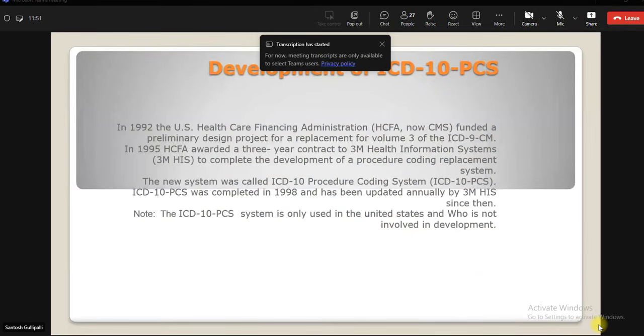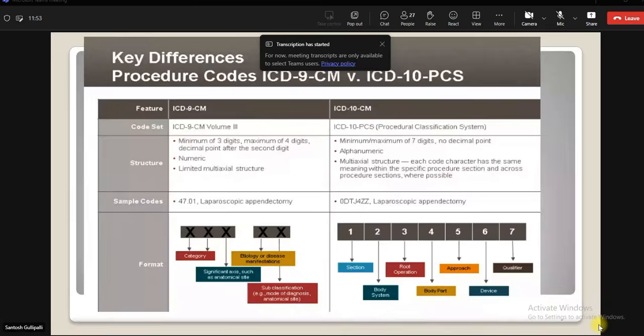The basic variation between ICD-9 CM and ICD-10 PCS is in procedure coding. Before ICD-10, we used ICD-9 CM. In ICD-9 CM, the procedure code for laparoscopic appendectomy is 47.01, which is all numeric, with one decimal point after 2 characters.